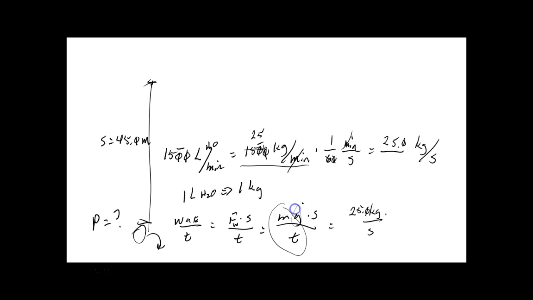Your mass per unit time is kilogram per second, 25.0. Now I need the G to multiply by it. What is G? That's 9.80. The acceleration due to gravity. What's acceleration measured in? Meters per second squared.